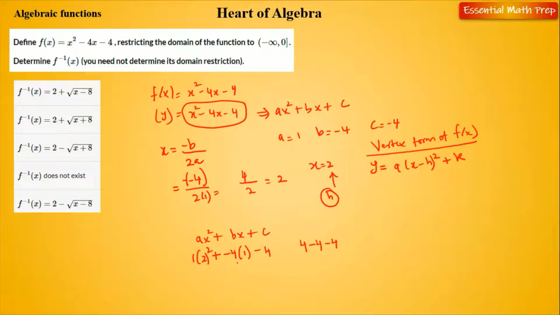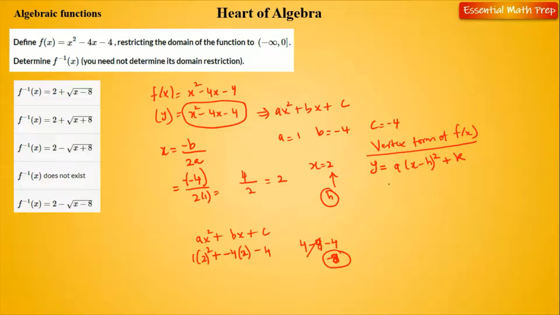So that will be -4, right? Oh, sorry, this would be 2 for b times x. So this is 8. So 4 minus 8 minus 4 is -8. Okay. Knew that something was off.